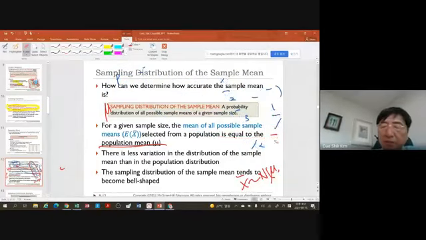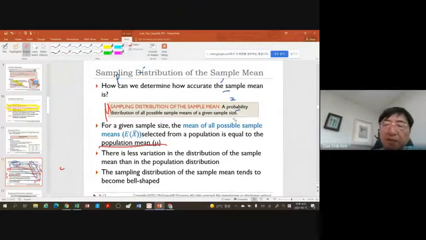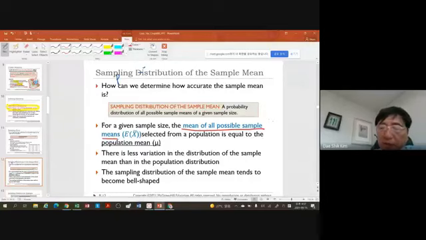If you sample again and again, calculate x bar again, x bar again, and so on, then the mean of all means, the average of x bar, and you make another bar, x double bar, will be equal to the population mean mu.